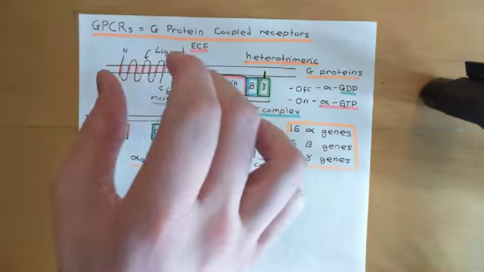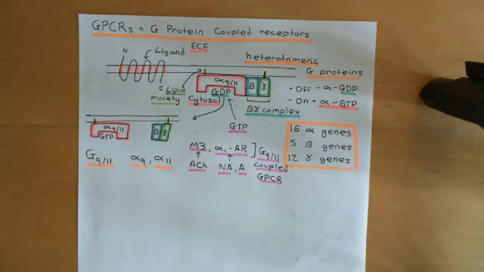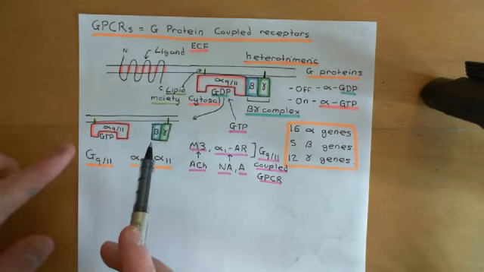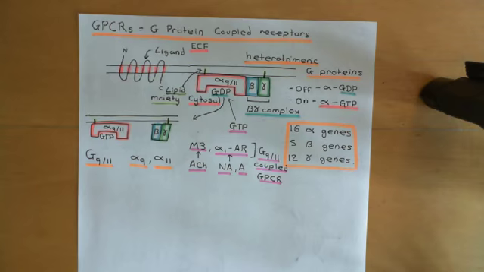The GQ/11 heterotrimeric G protein will then bind to the intracellular domain of the receptor and get activated, and you'll end up with this on-state GQ/11 heterotrimeric G protein.